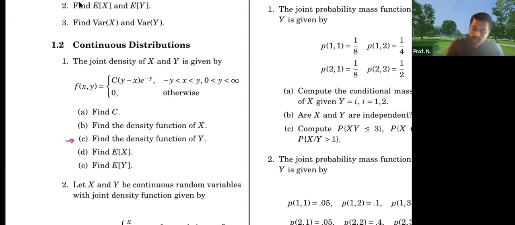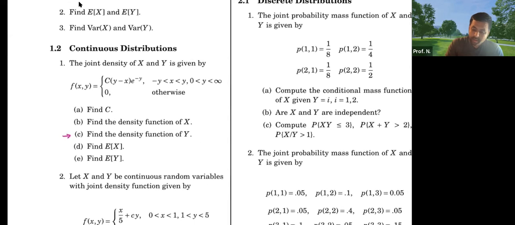So to do part C though, we have to do part A first.